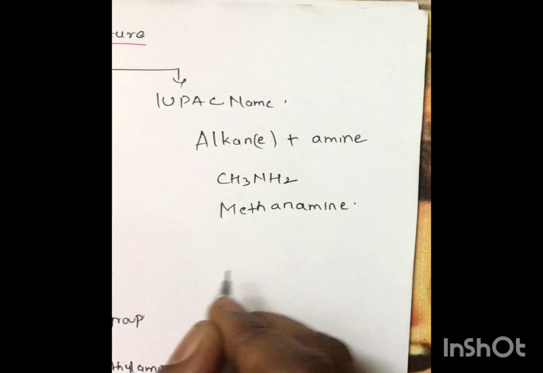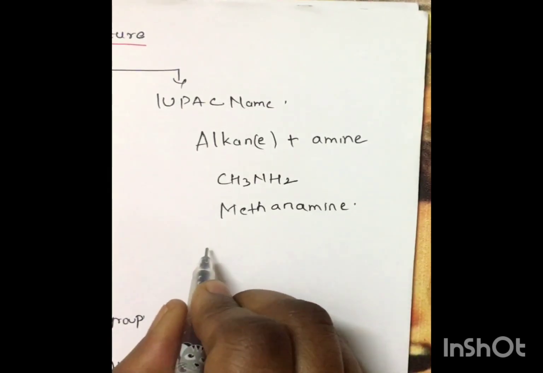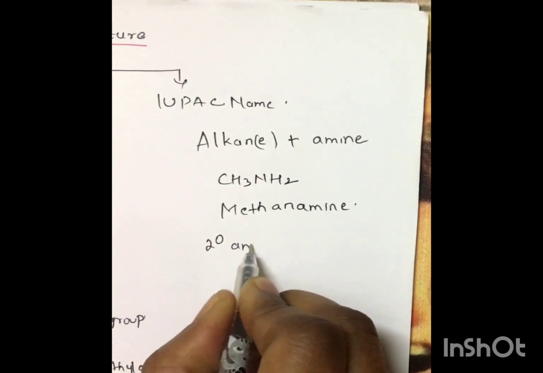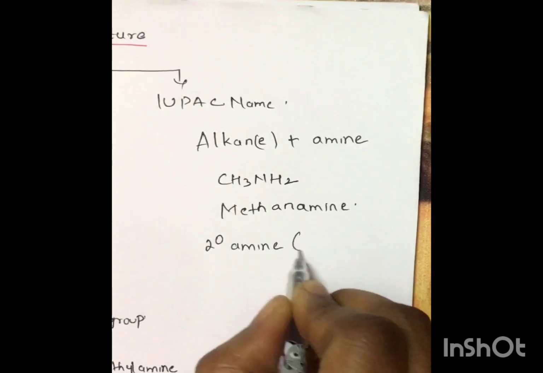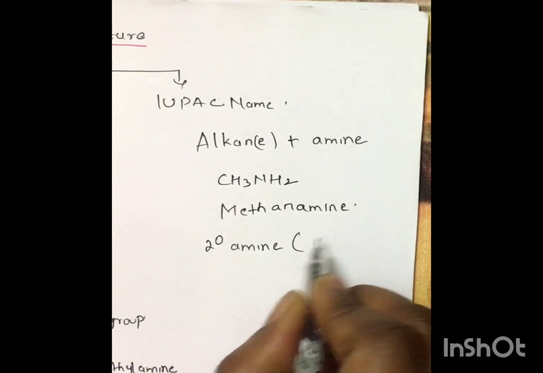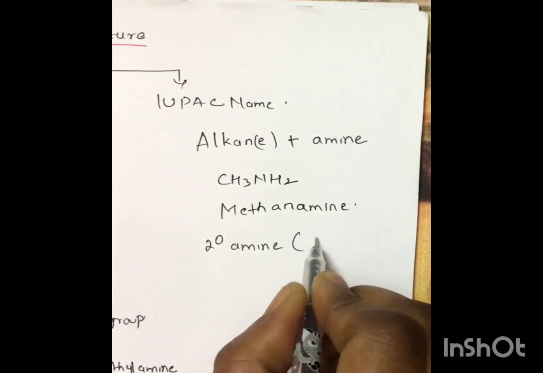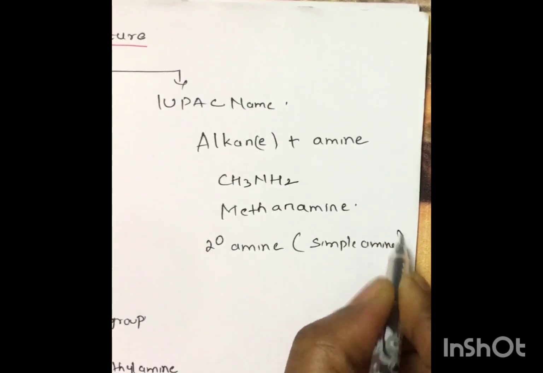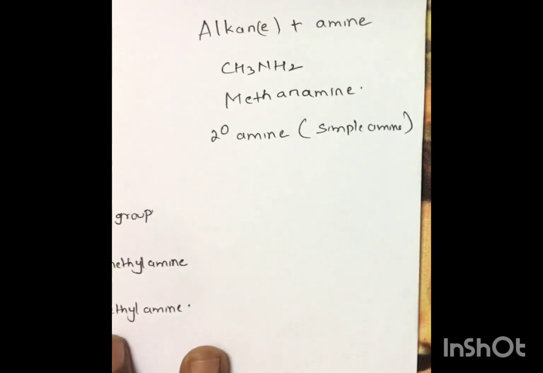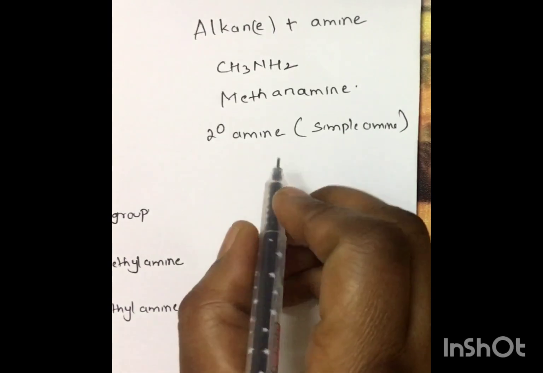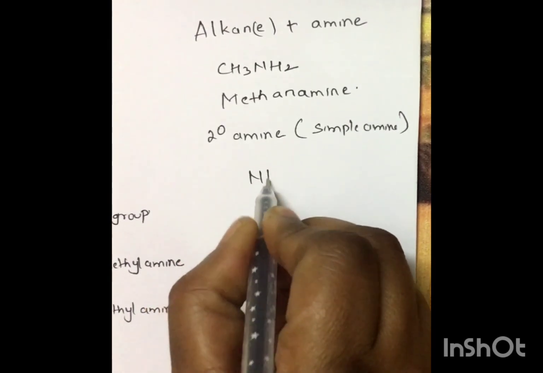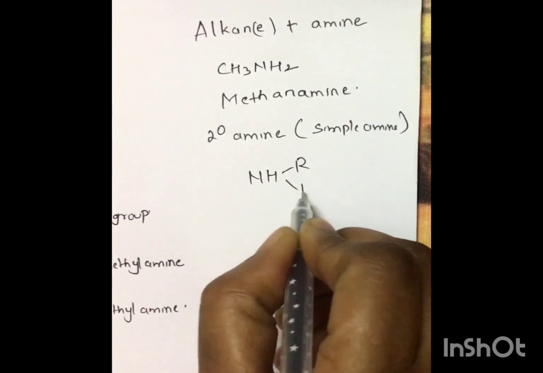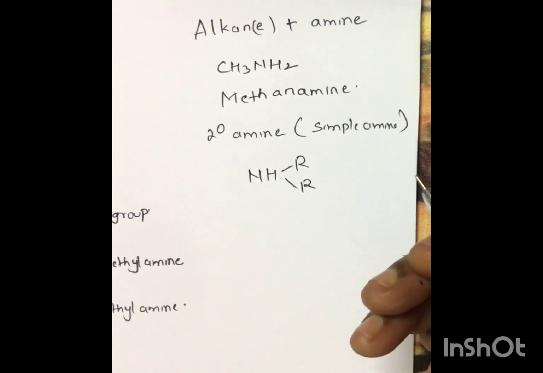Okay, students. Let us see secondary amine. How to name secondary amines? If both the alkyl groups are the same, that is a simple amine. Let us see an example of a simple amine like NH, where these two alkyl groups are the same.